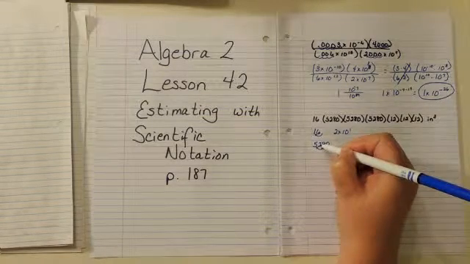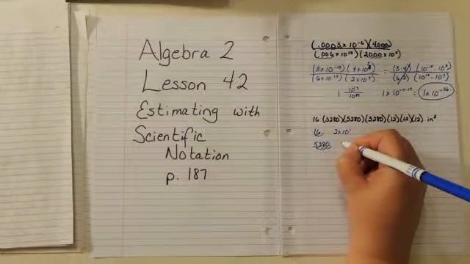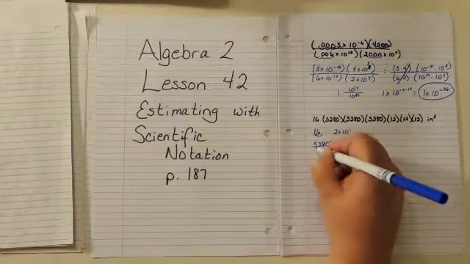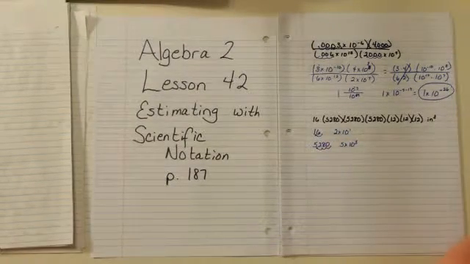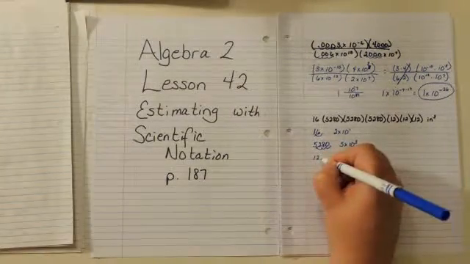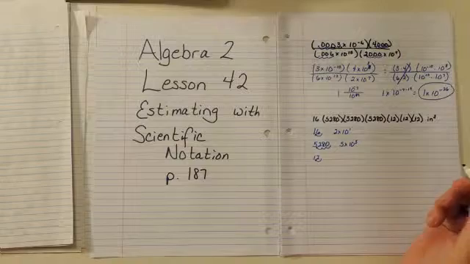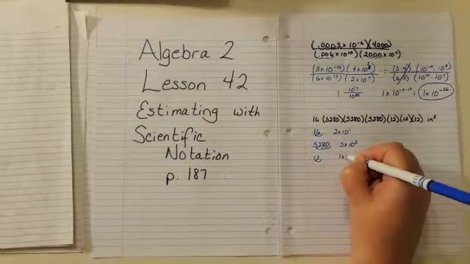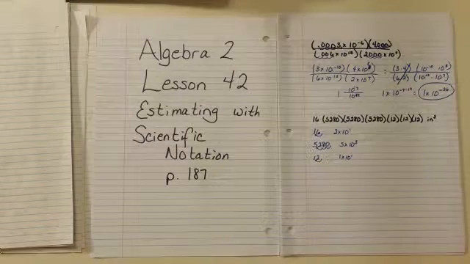The next digit back is a 2, so the 5 is going to stay where it is. So it's 5 times 10 to the third, because we moved the decimal 3 places. And 12, we're going to move the decimal 1 place, and the 2 is not going to change the 1. So it's going to be 1 times 10 to the 1.